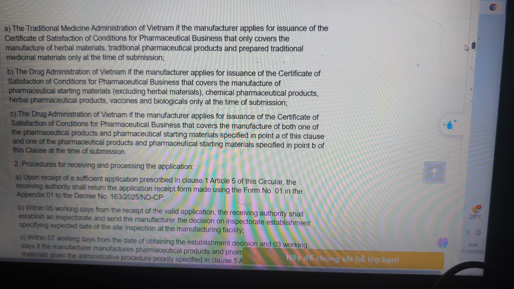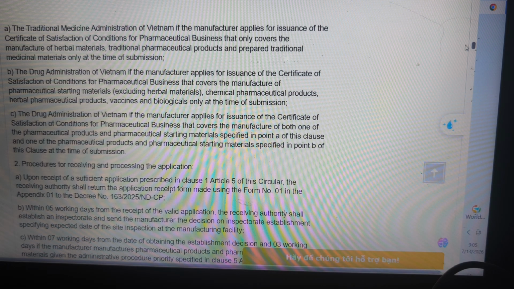Procedures for receiving and processing the application. Upon receipt of a sufficient application prescribed in Clause 1, Article 5 of this circular, the receiving authority shall return the receipt using Form Number 1 in Appendix 1 to Decree Number 163/2025 of the Government.